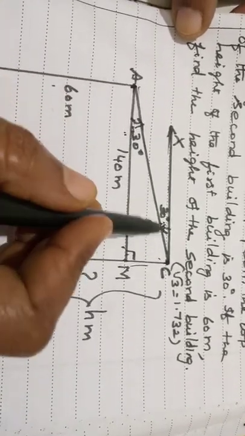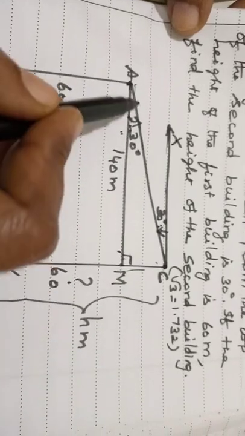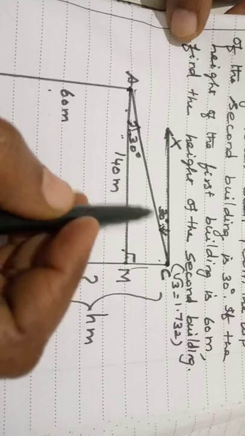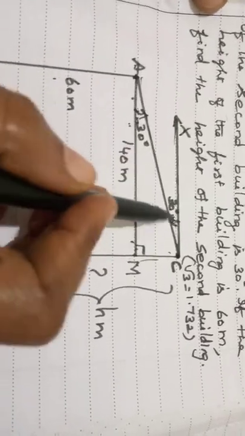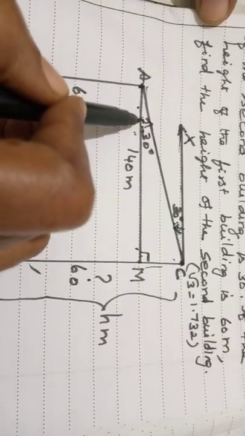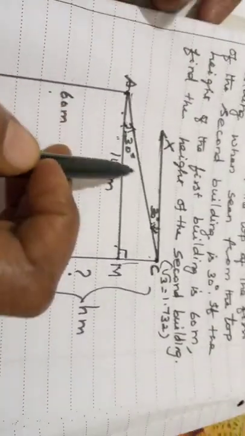Both will be equal, alternate angles. You know the angle of depression is given, so with this horizontal and line of sight, both angles are alternate angles. Alternate angles will always be equal. So if this is 30, this angle also will be 30. This one we can consider as the angle of elevation. Both angles are 30 degree.